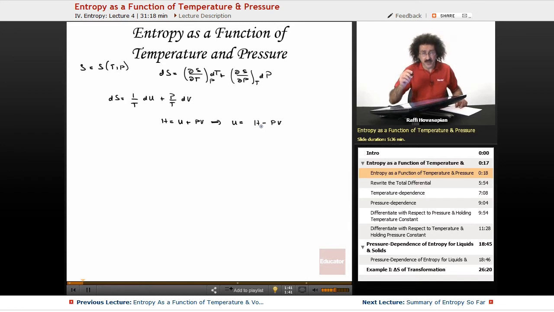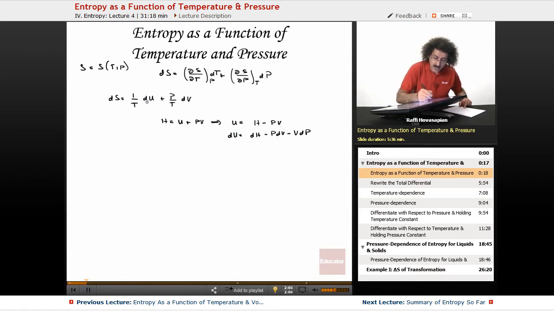Now I'm going to differentiate this expression. So I get dU equals dH. Well, when I differentiate, this is a product, so it's going to be product rule. So it's going to be minus PdV minus VdP.